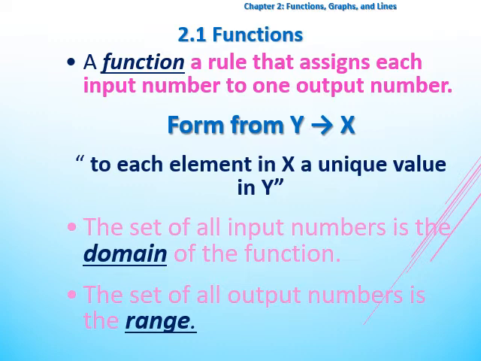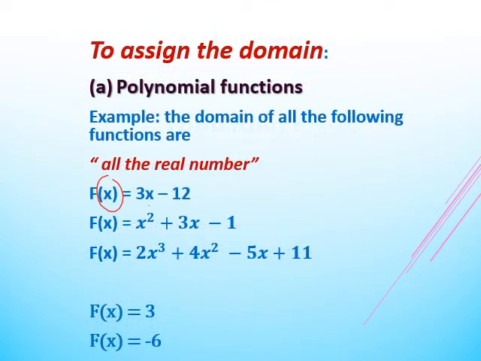The domain is the set of all input numbers of the function, and the range is the set of all output numbers. To find the domain of a function, we have various forms of functions. The first form is the polynomial functions, like f of x equals 3x minus 12, or quadratic functions.